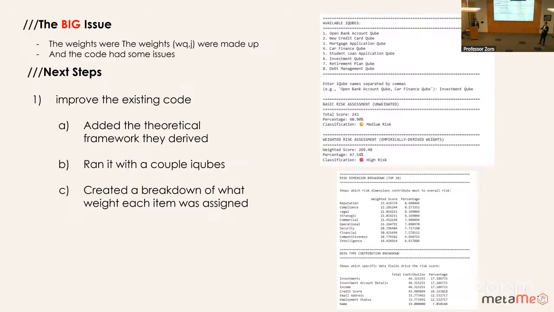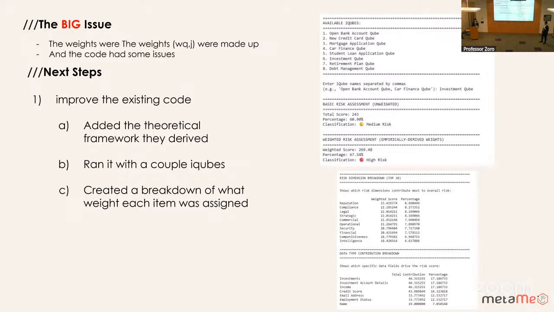If there's a high number of highs, it gives all those metrics a bit of an edge compared to the other ones and increases your risk score. That's why when we do a weighted system, you can see it turns out to be a high risk iCube instead of a medium risk.